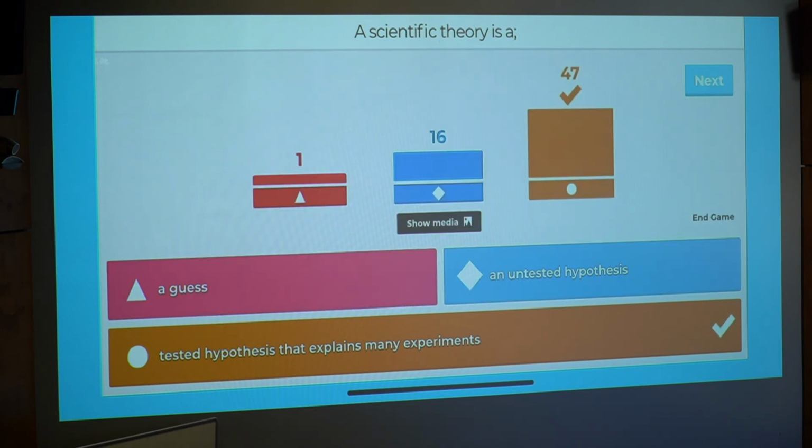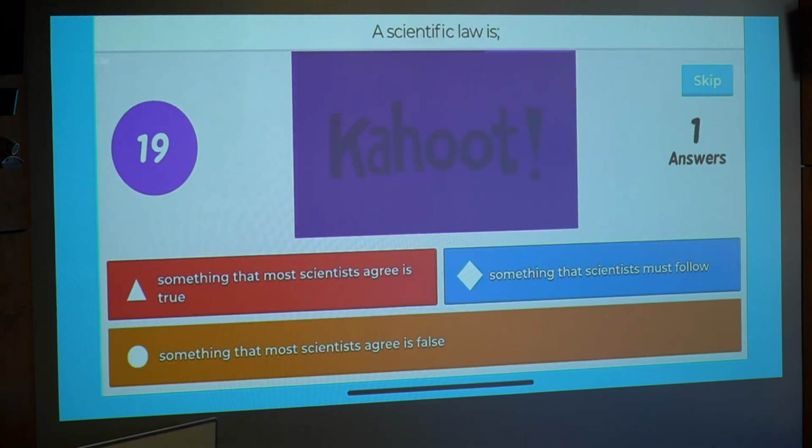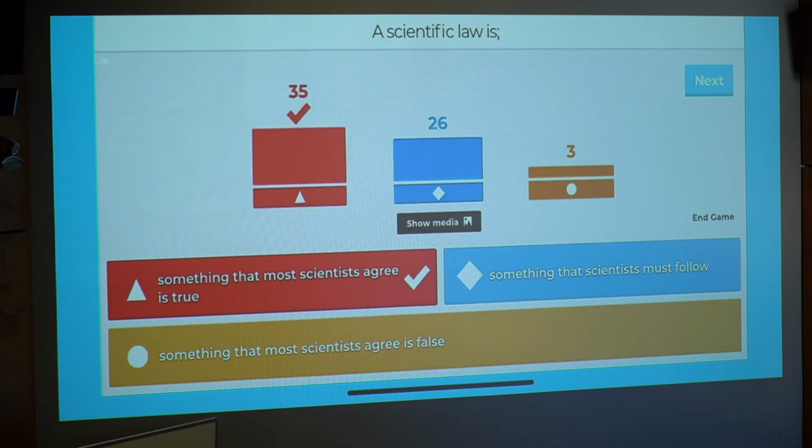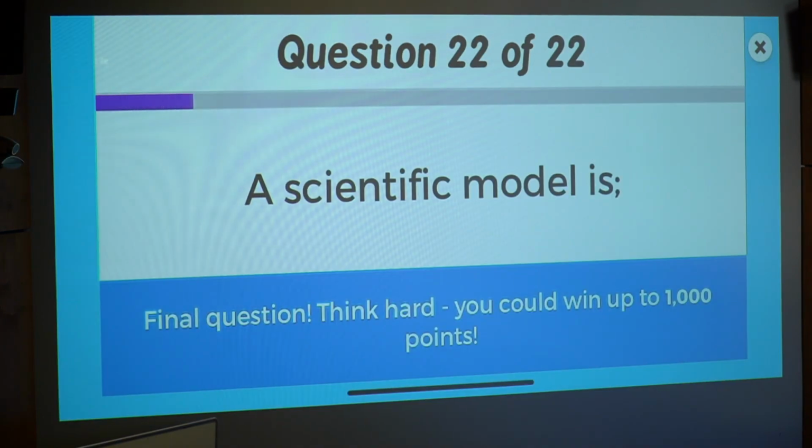Remember, the term scientific theory is very different to the common use. Okay, is this the last one? I think this is the last one. Very tight.